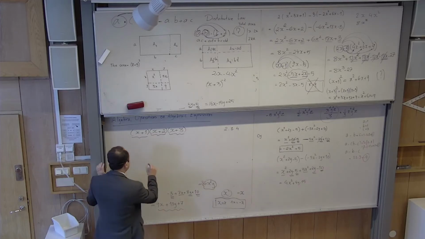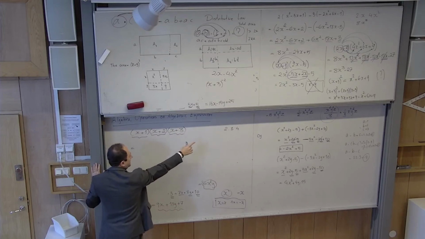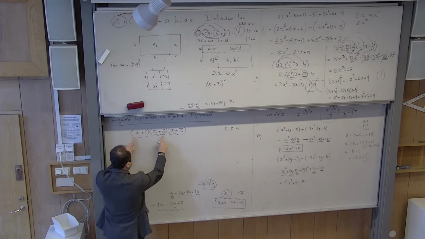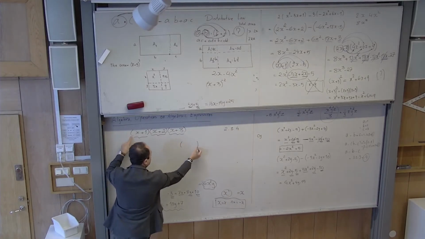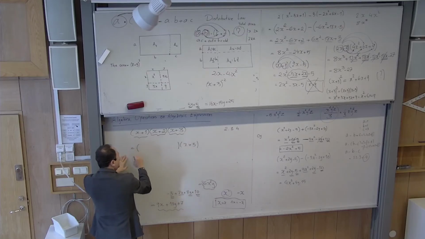So the point is that you need to interpret this expression exactly as that, and then you know what to do. I decide to take these 2 first. So this means that I copy and paste the last part, which I am not going to touch for the time being. And then I open another pair of brackets.